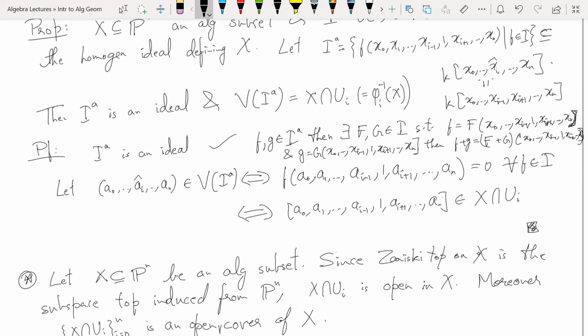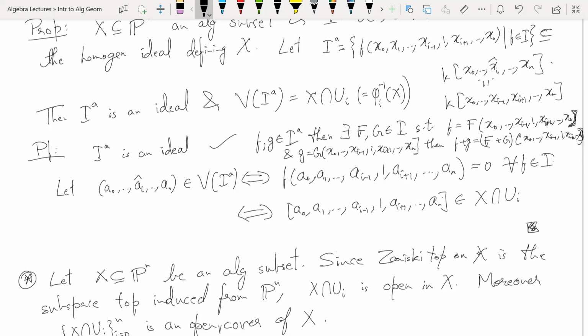If this n-tuple belongs to X intersection U_i, then for all F in I, so for all F homogeneous, this is 0.